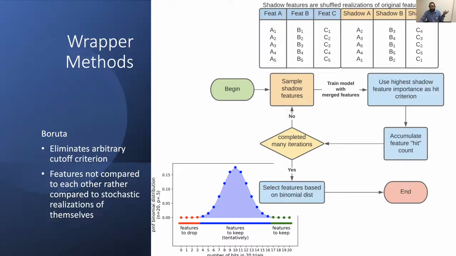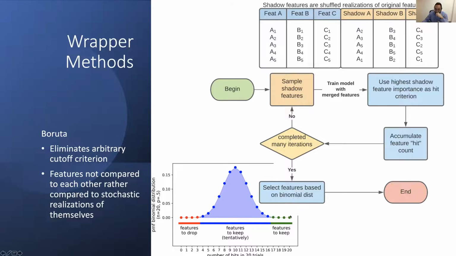And because you have two outcomes, hit or miss, the statistics follow a binomial distribution, of which the statistics are well known, right? So that's what I have here. This is the binomial distribution for sampling 20 times. And so you calculate the p-value of the number of hits given that binomial distribution.